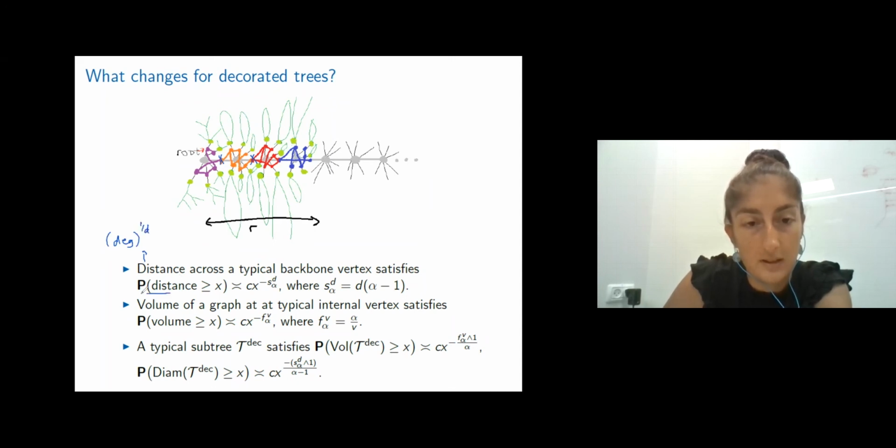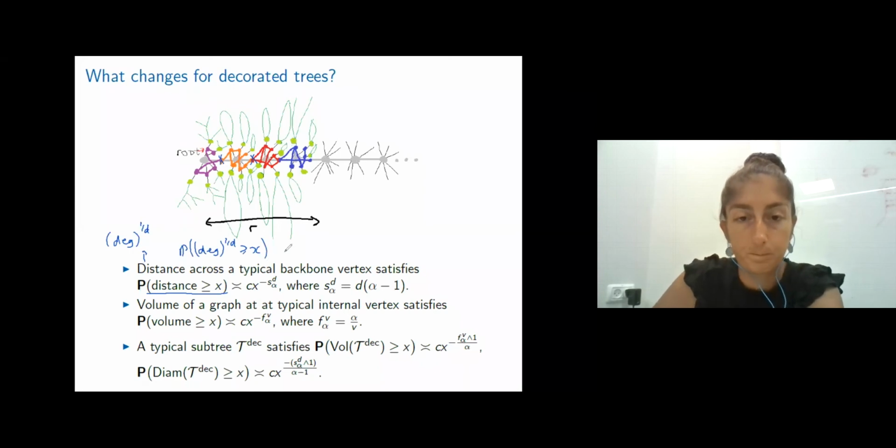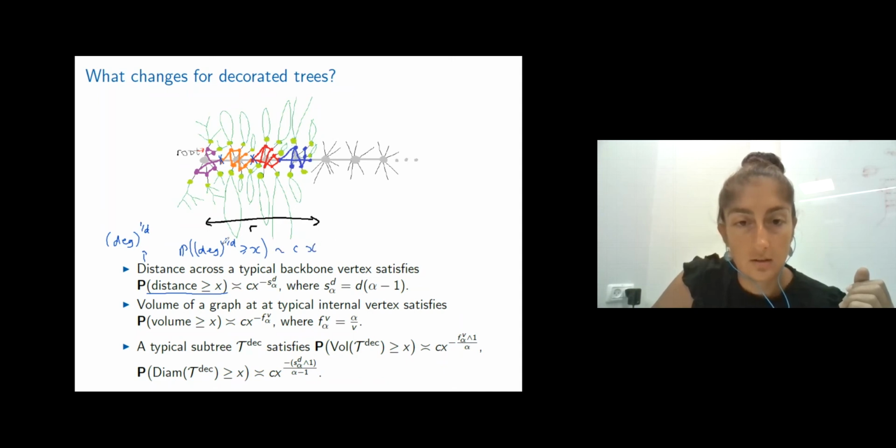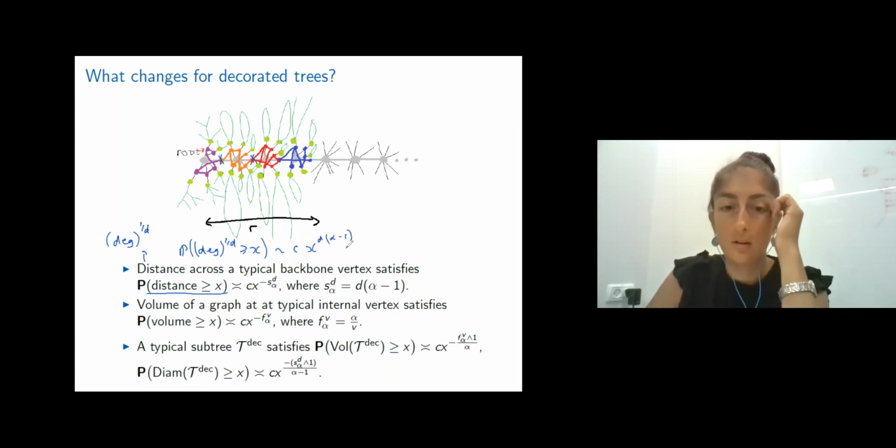So this is roughly the probability that the degree to the 1 over d is greater than x. We have alpha minus 1 stable tails now, so this should decay like x to the d to the power of alpha minus 1, because we have the size biasing.